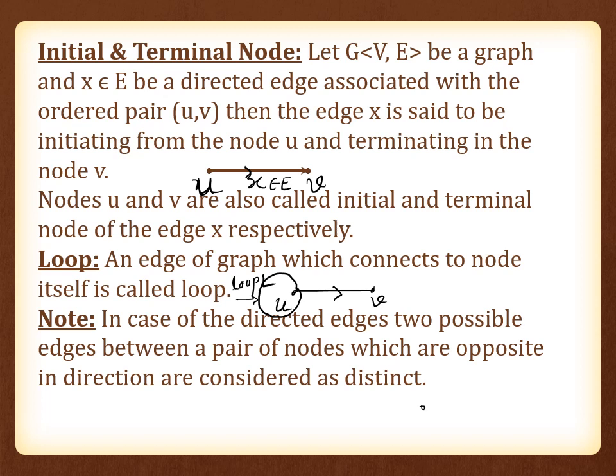That means if you have two nodes U and V and there is an edge x1 from U to V and there is another edge from V to U denoted by x2, in that case, x1 is not equal to x2 because they are between the two nodes U and V, but they are in opposite directions. So x1 is not equal to x2.